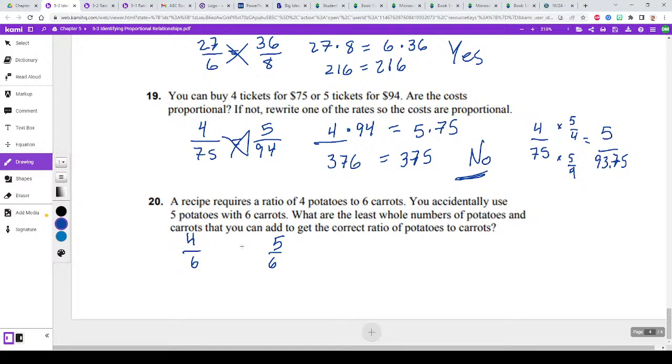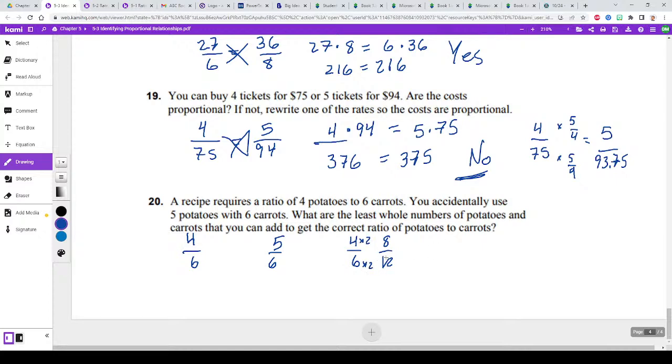and what are the least whole numbers of potatoes and carrots that you can add to get the correct ratio of potatoes to carrots? So if we think this through here, 4 to 6, the next numbers up would be 8 to 12. Get that by multiplying by 2.